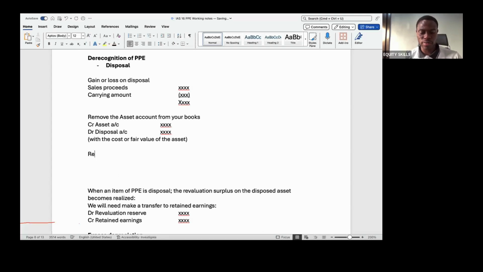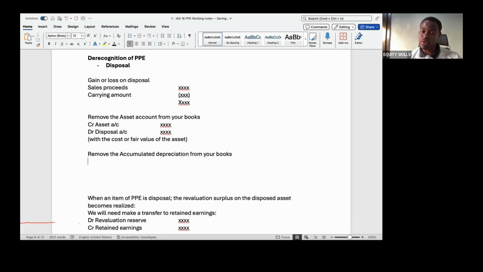The second one is on this same asset, you need to remove the accumulated depreciation on the asset from your books. And how do you remove the accumulated depreciation? Accumulated depreciation is a credit entry. To remove it, you debit the accumulated depreciation account.